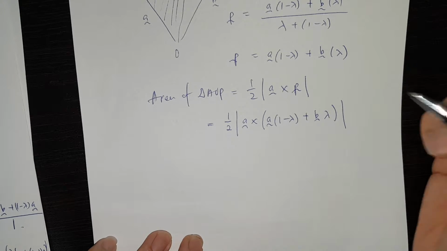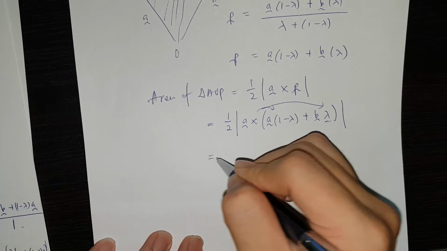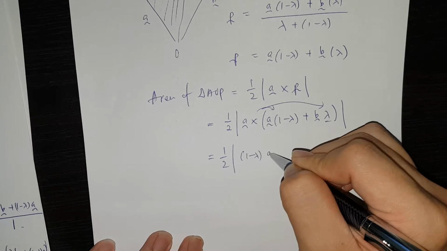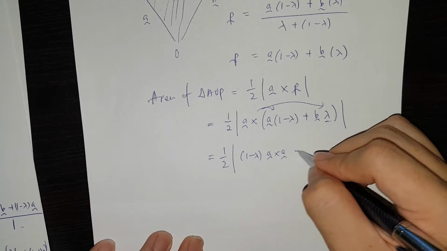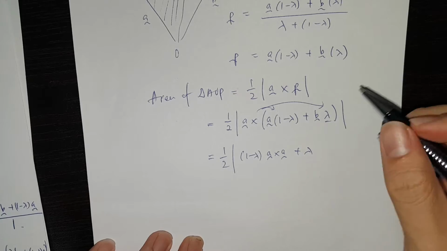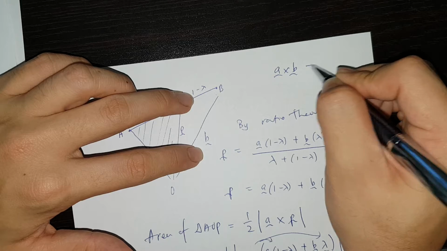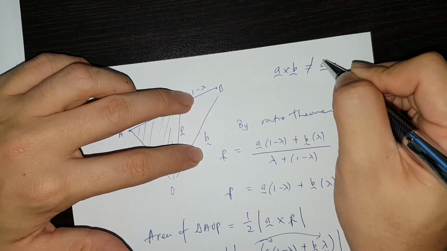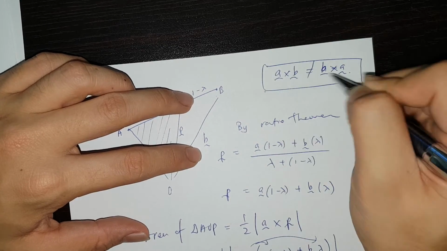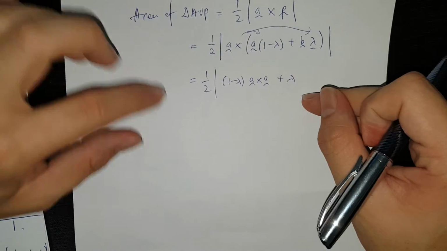Now using the distributive law, this is a constant, so the constant can be brought out. It's fine to move the constant, it's just that you must be sure that A cross B is not equal to B cross A. This is something you need to take note of for the cross product. I'll make a video lecture on this, but we just continue from here.